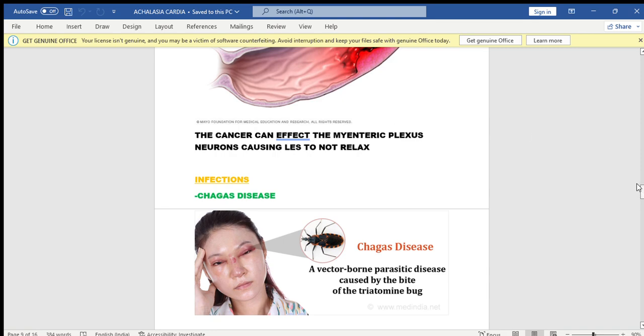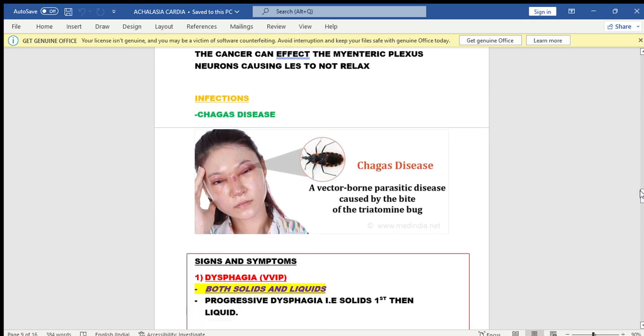Okay. Right. The other cause we have is infection. A very common infection that can cause achalasia cardia is called Chagas disease. We'll do a lecture on Chagas disease separately. For your knowledge at this point of time, Chagas is basically a parasitic vector-borne disease which is caused by the bite of the triatomine bug. This is the bug that is causing the bite, leading to swelling around your eyelids, and it is called Chagas disease.